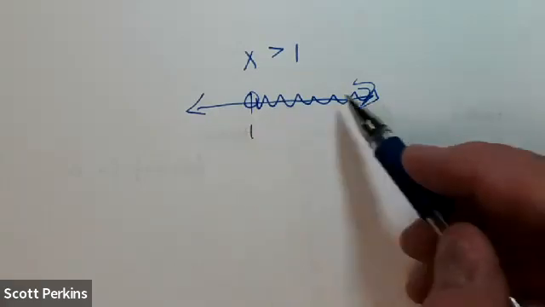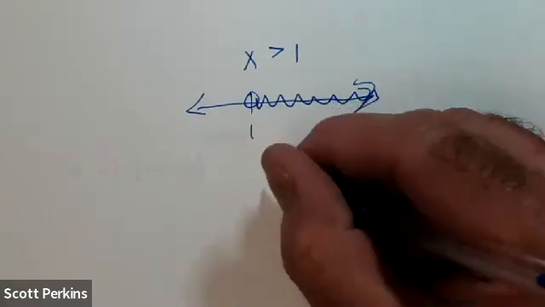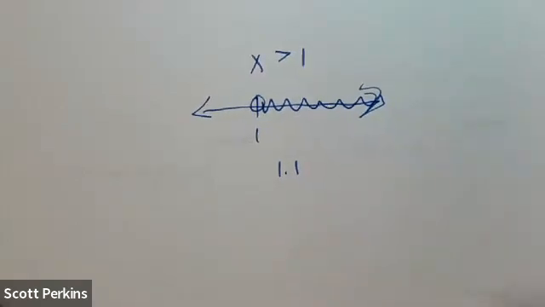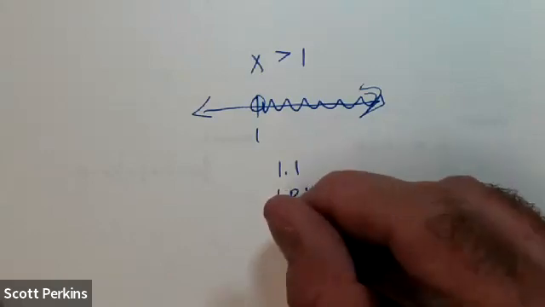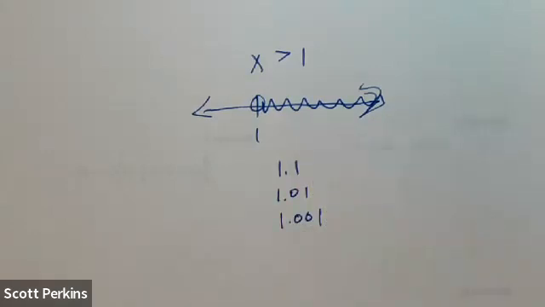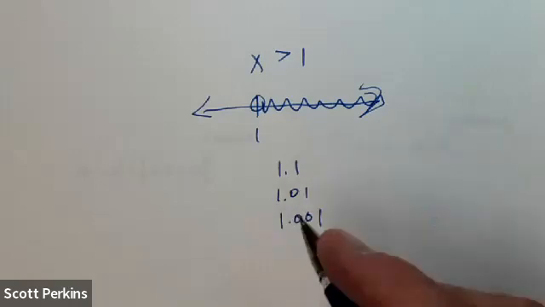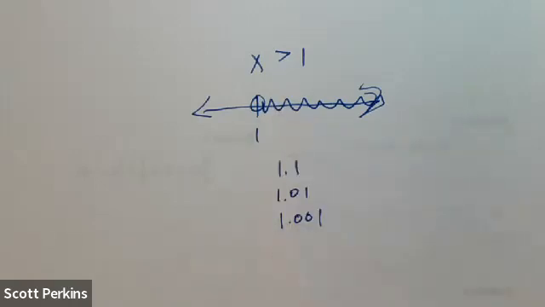So if I'm thinking of numbers that are represented here, like 1.1, that's bigger than 1, right? 1.01, that's bigger than 1. So every number, no matter how close to 1 you get, is part of that set, but 1 is not. 1 is just the anchor where we say it starts, but the value 1 would not be a number that I listed as part of this set.